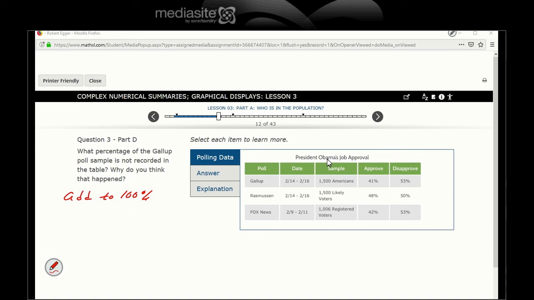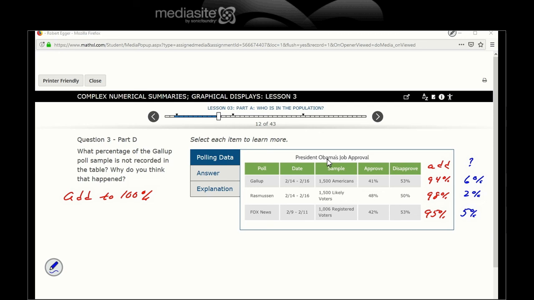Now, if I add them up, well, here I have only 94%. Here I have 98%. And here I have 95%. So the question is, what happened to those people?